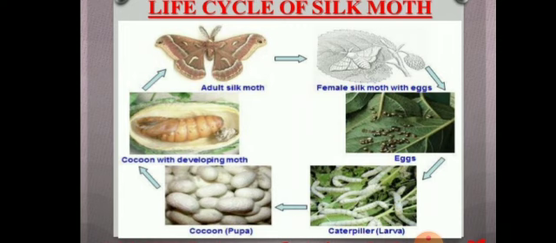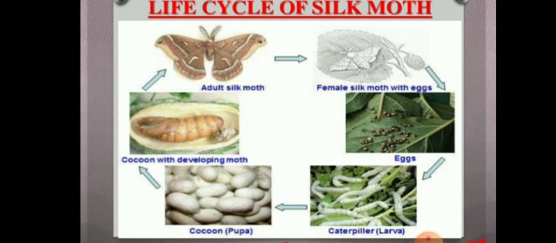The first one is egg. On the right upper corner, you can see that on green leaves eggs are there. The egg is the first stage of their life. It hatches in the spring season. After that comes the next one, the larva.